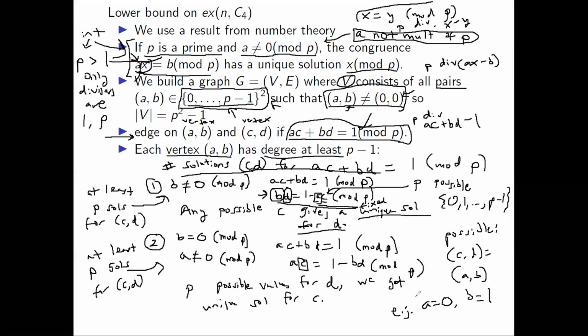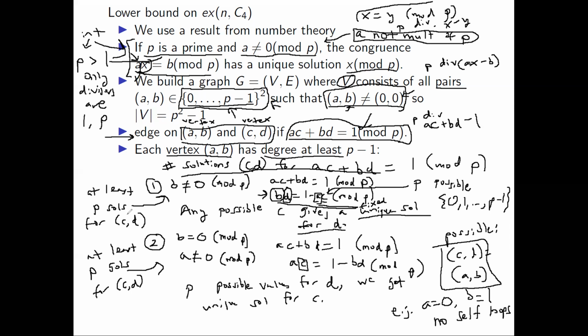We would get CD equals AB as one of our solutions because A squared plus B squared in this case is 1 mod P, regardless of what P is. So sometimes we'll get this solution, CD equals AB, and we don't want to put an edge there. So when we assign the edges of our graph, we only put an edge between distinct vertices, A, B, and CD. So we don't have any self loops.